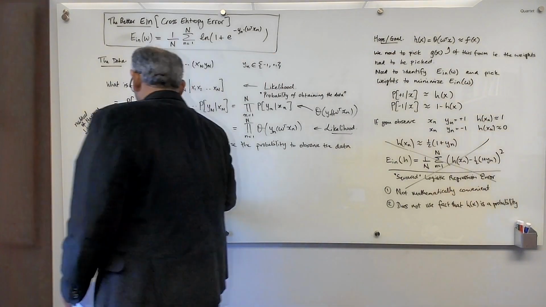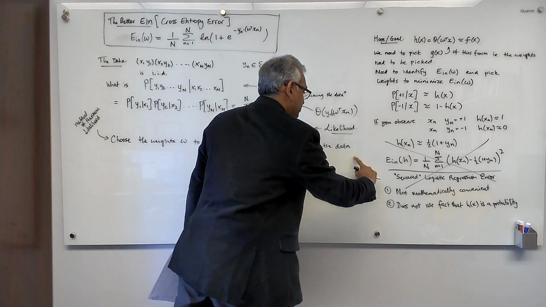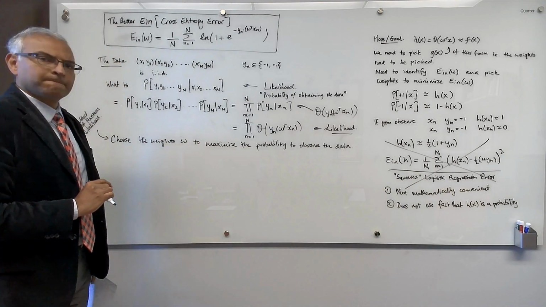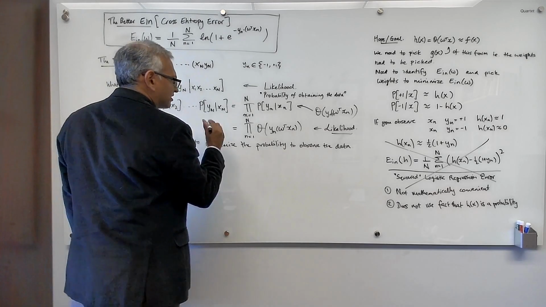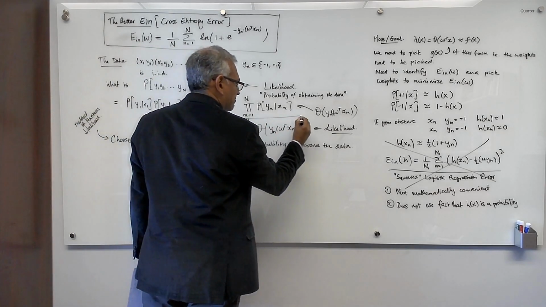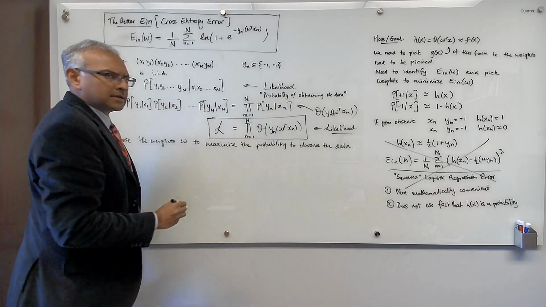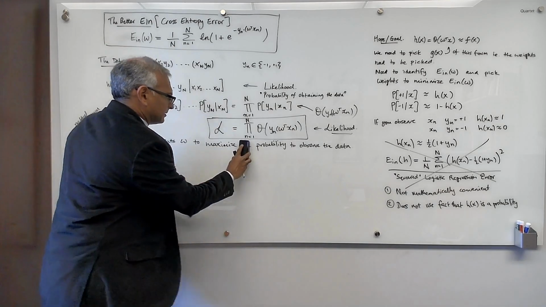So the prescription is to choose the weights W that maximize the probability to observe the data. So how do we do that? Let me call this thing the likelihood, L. And the prescription is to pick the weights W to maximize L, the likelihood.